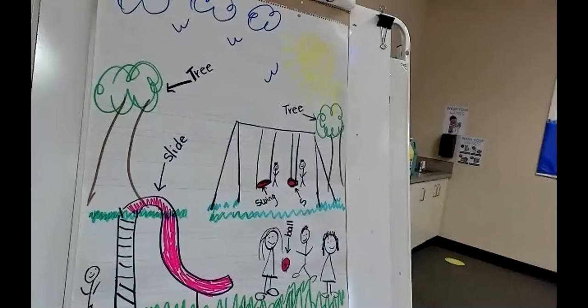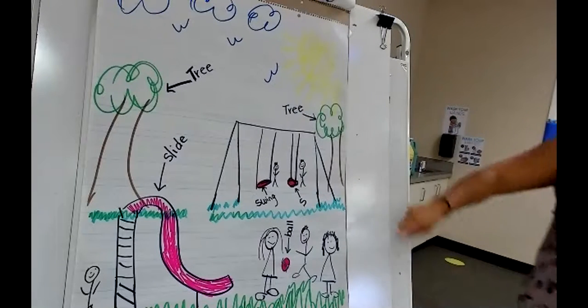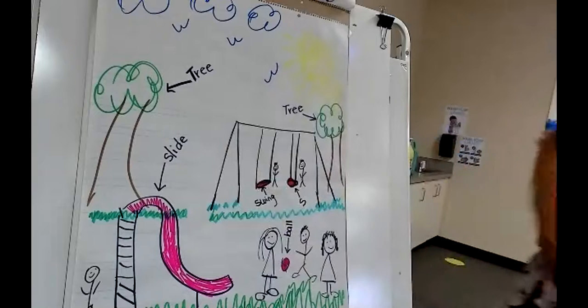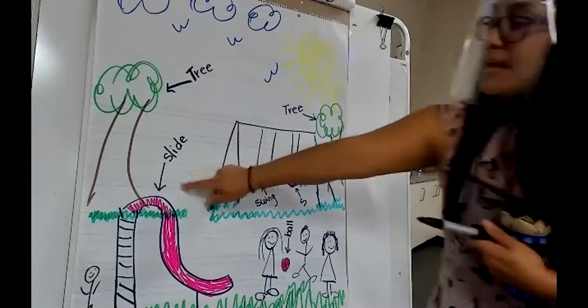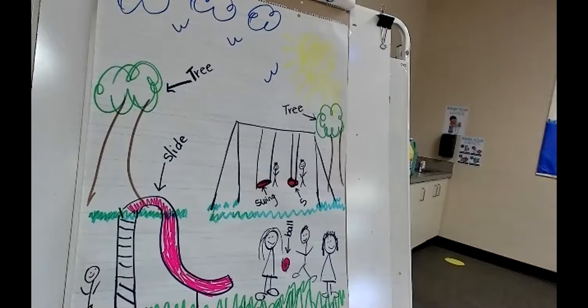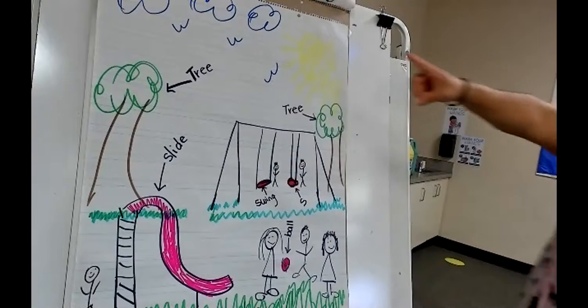How about Anthony? What do you see in this picture? What else can we label, Anthony? A what? The slide. We got the slide. What else can we get? The clouds, right?